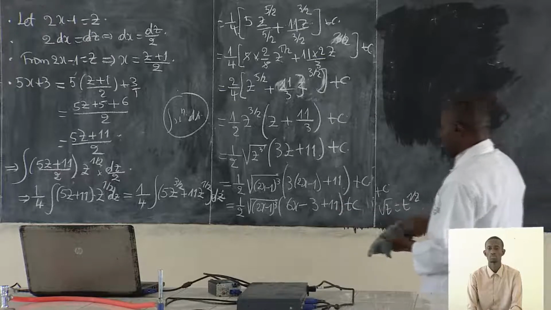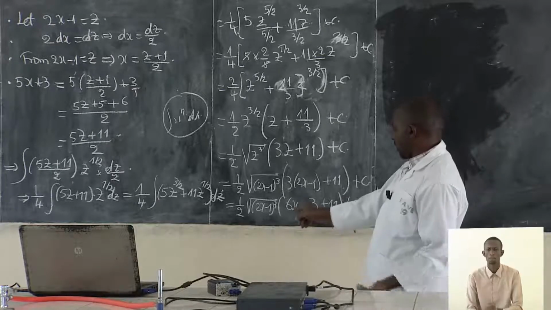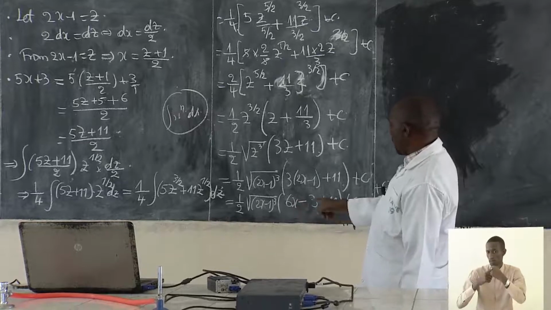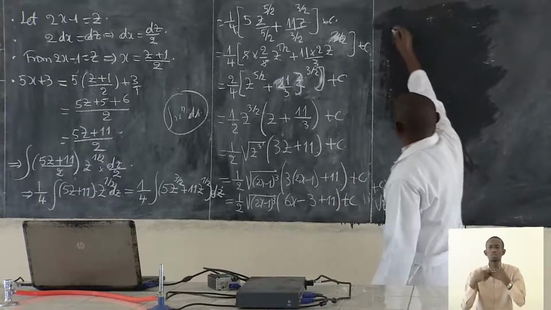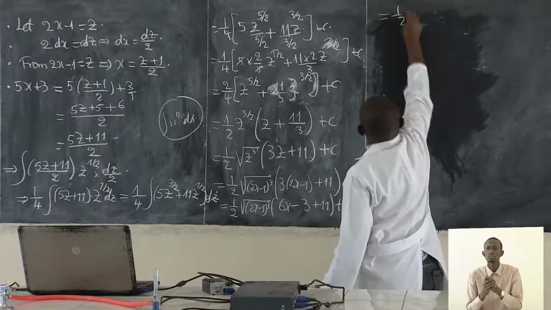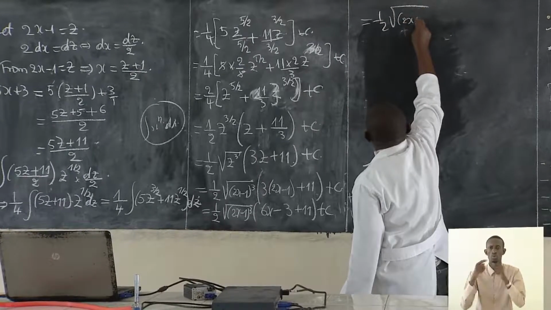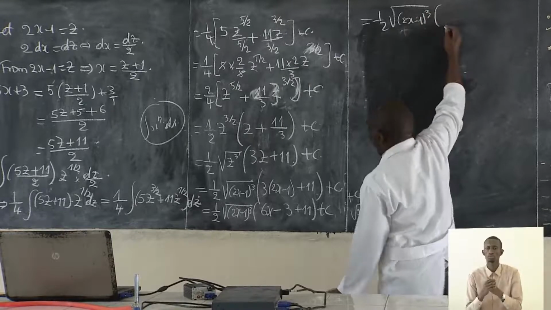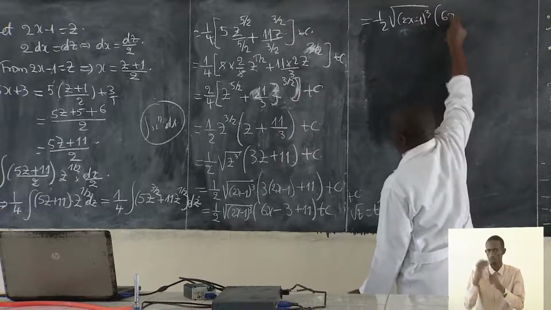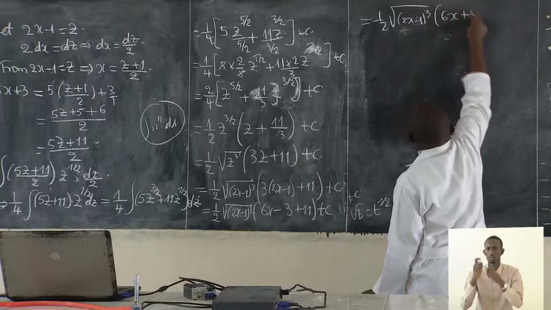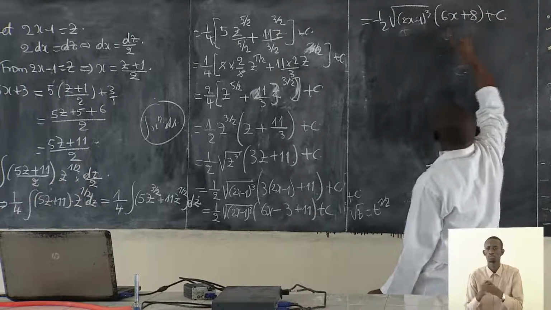To get what is the answer? It is 6x, 11 minus 3, it is 8. That's a half square root of 2x minus 1 power 3 times 6x plus 8 plus c.